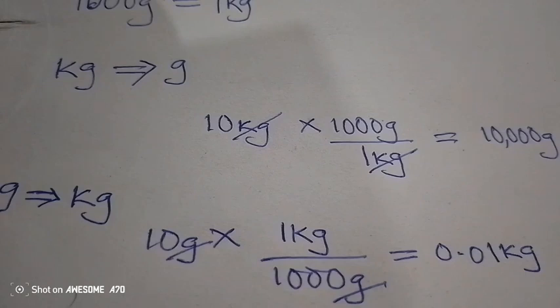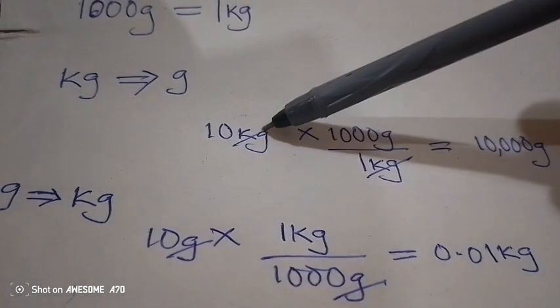So you should understand what is a conversion expression, and also what is a conversion factor. Now, we are taking conversion of kilogram to gram to start with. After that, we will go from grams to kilogram.